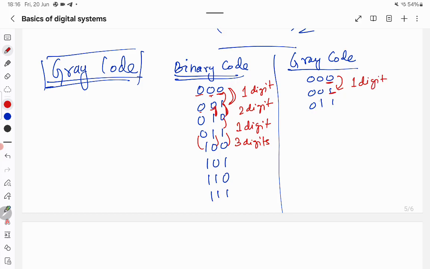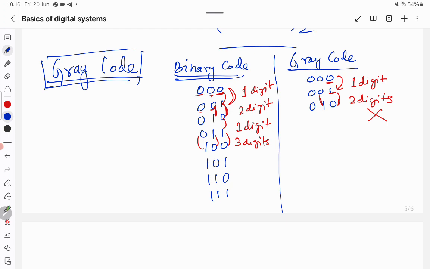1 digit will change. If you look here, if I would have written 0 1 0, then my digits would have changed, see, from 1 to 0 and 0 to 1. So 2 digits are changing, which is not possible in gray code.